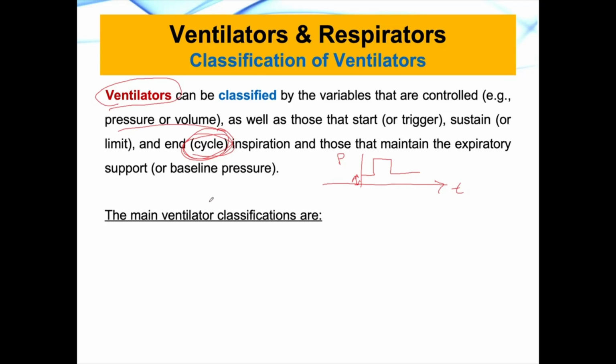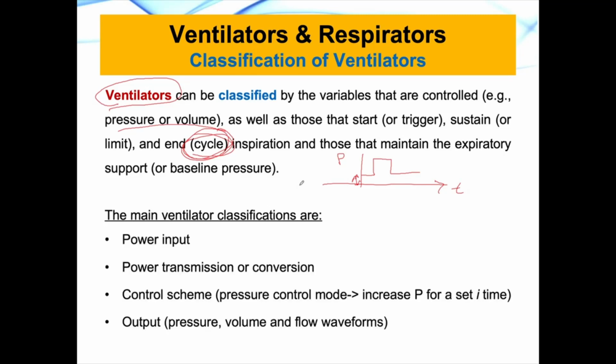The main ventilator categories, if you would like to summarize them, are power input, power transmission or conversion, and I'm going to show you a schematic with some examples. Then the most important ones for us are the control scheme and the output or waveforms.